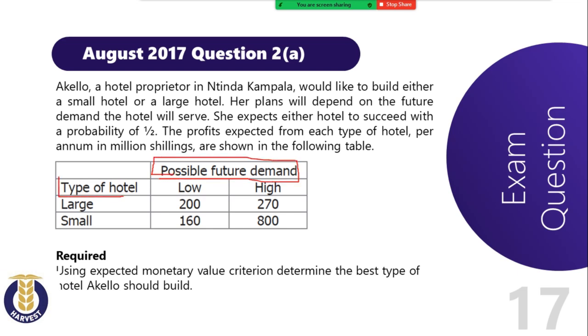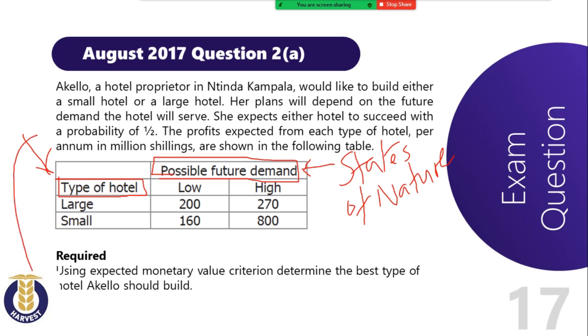And then the type of hotel are the alternatives, and this is what is within your control. We are required to determine the best type of hotel Akelo should build using the expected monetary value criterion.